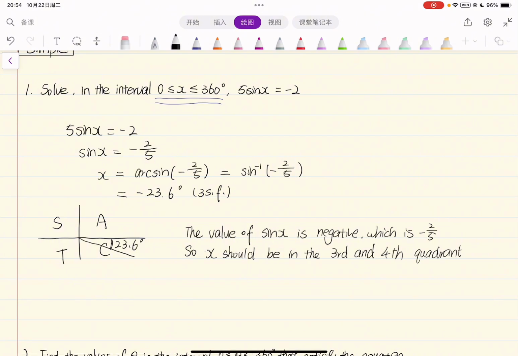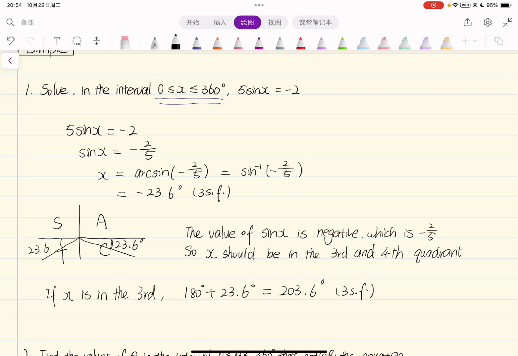If x is in the third quadrant, that is 180 degrees plus 23.6 degrees, which equals 203.6 degrees to 3 significant figures. This is the first answer.